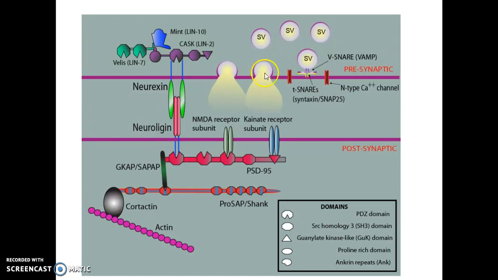So these vesicles are full of glutamate, and this glutamate binds to the NMDA receptors, or the kainate receptors, opens them, and then sodium is allowed to rush in the second cell. And so that's how signals are transferred from one cell to the other.